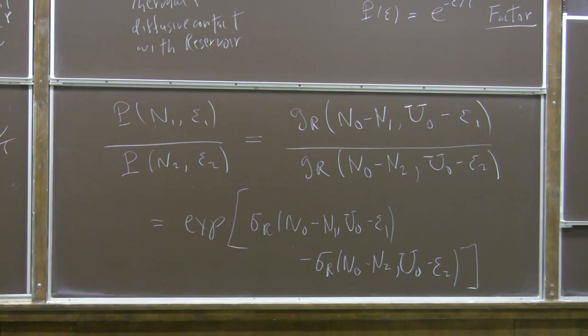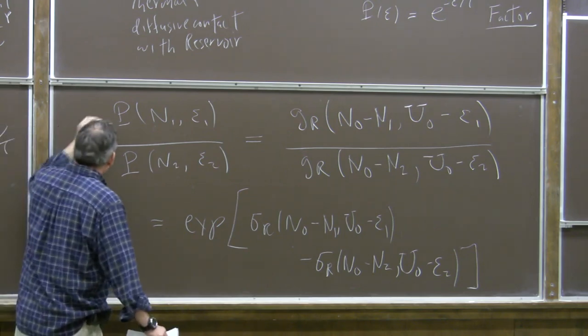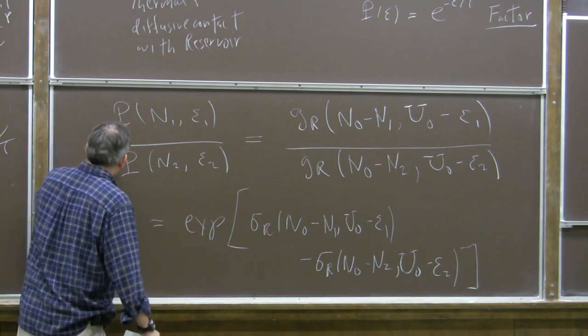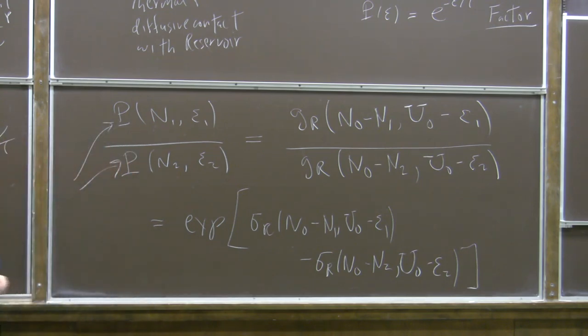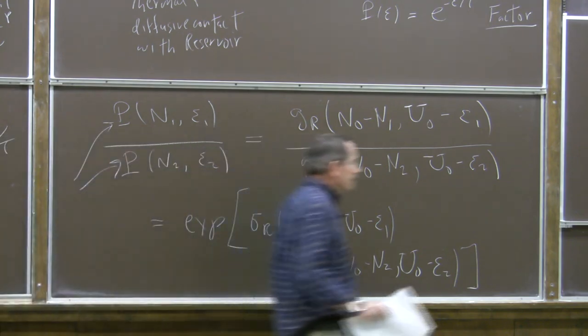Because these are particular states, I'm considering the probability of one particular microscopic state of the system with N1 particles and energy E1.